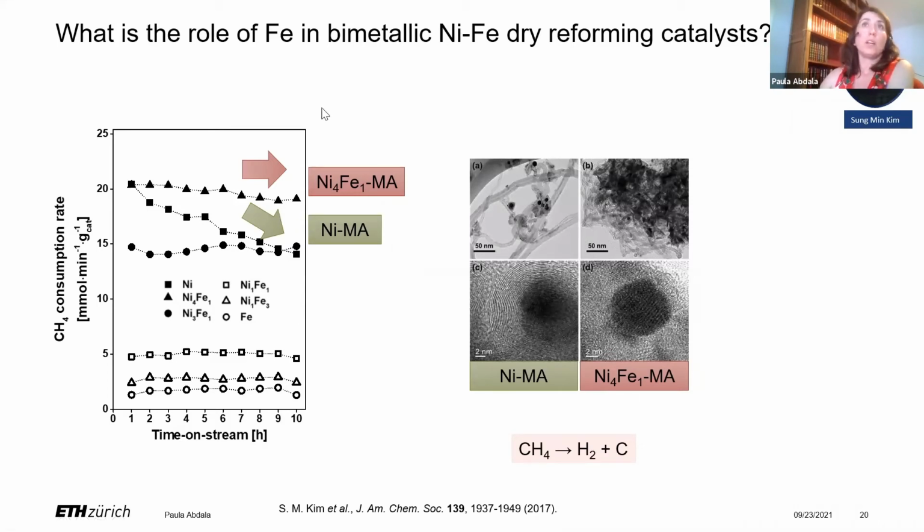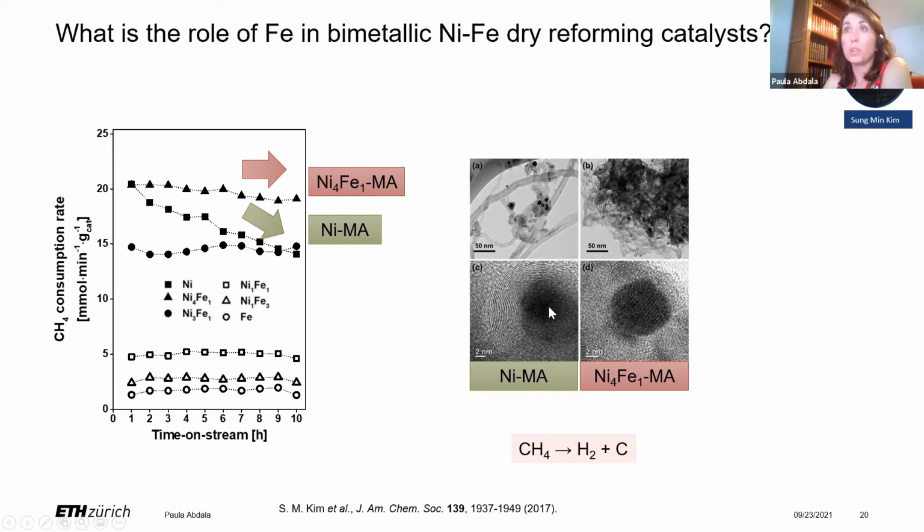What we observed, in line with literature reports, is that while nickel deactivates rather fast, when we add even a small amount of iron, we can stabilize the material. So the question for us was, through which mechanism is iron improving the catalyst stability?